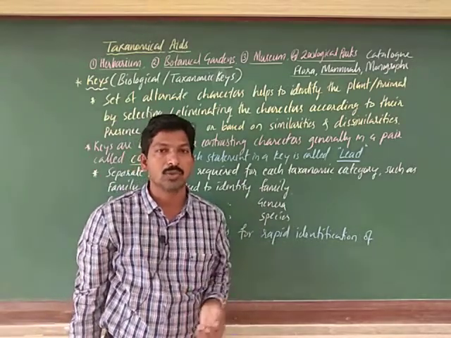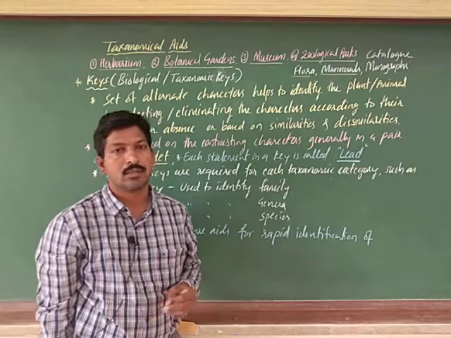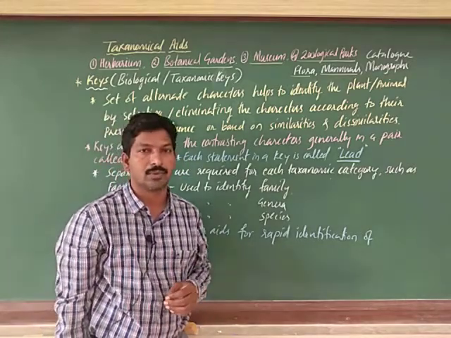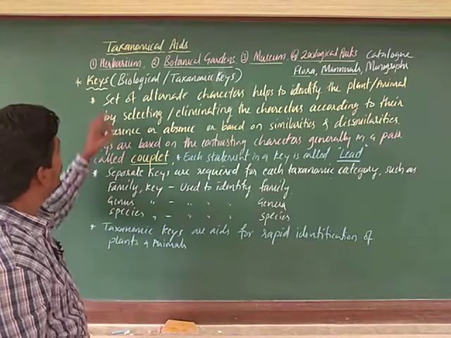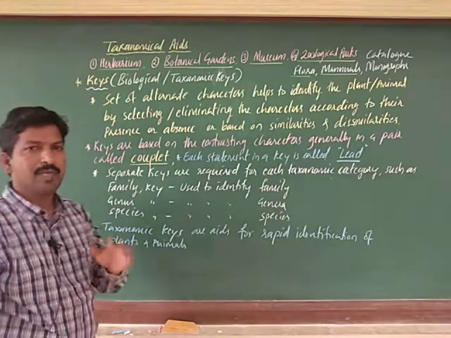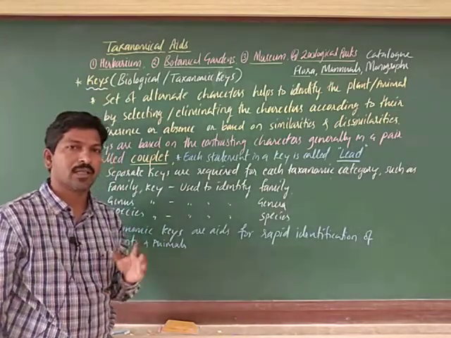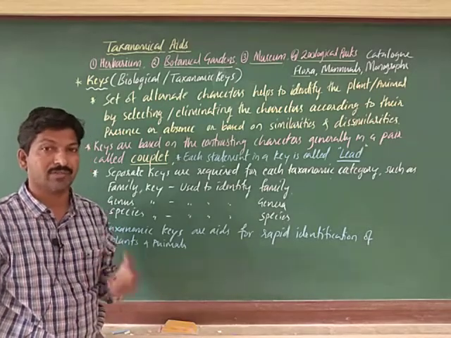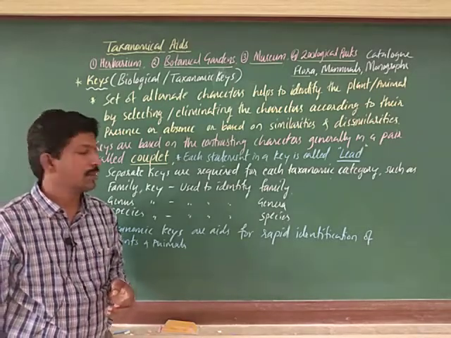These are also considered as taxonomical aids. Understood? See here, keys are very important in taxonomical processes, mainly the naming process or identification process.